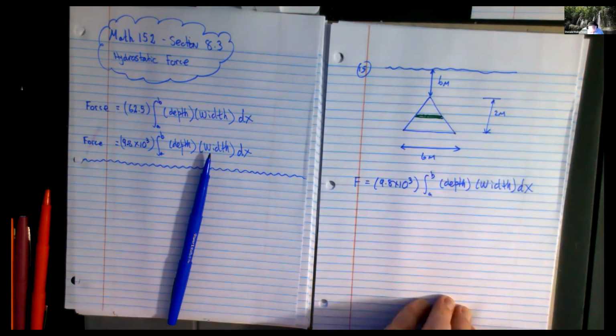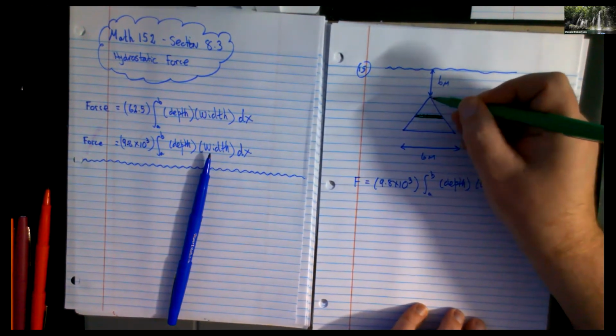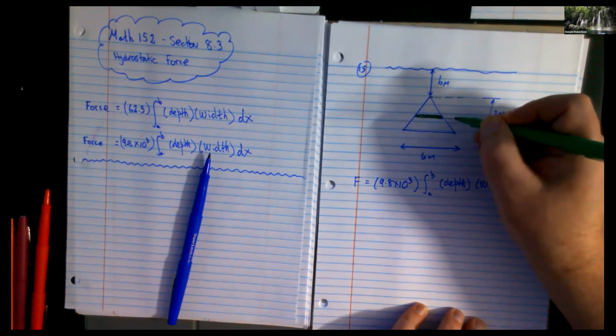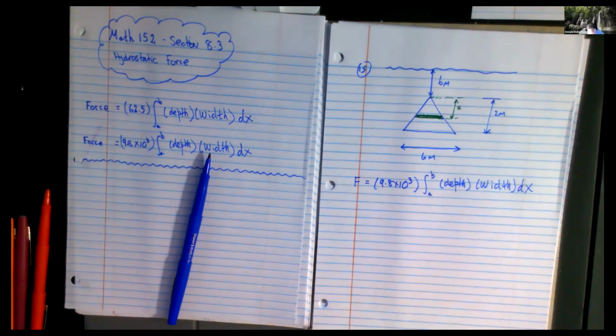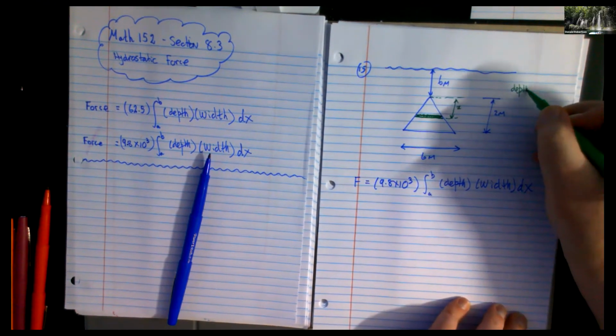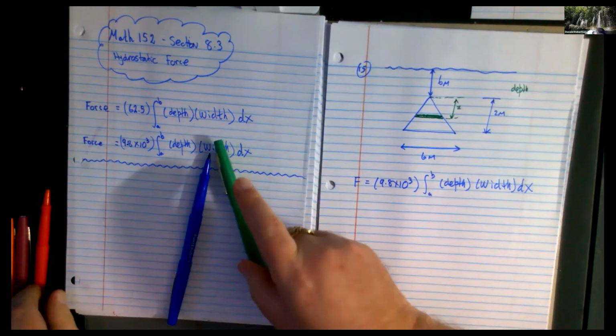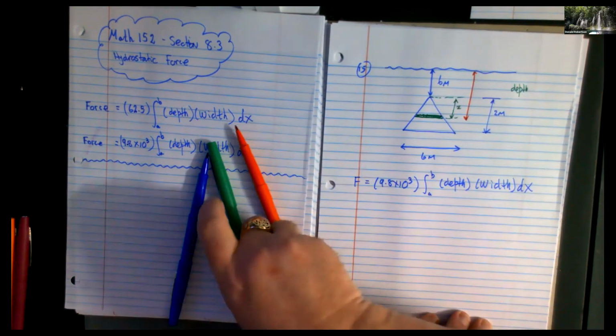There's my little guy. Okay. So from the top of the shape to here, I'm going to call that x. So the depth, which is the distance from the surface to here, the depth, is going to be x add 6.